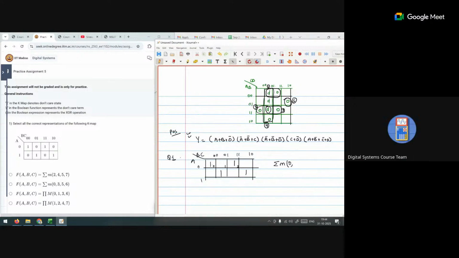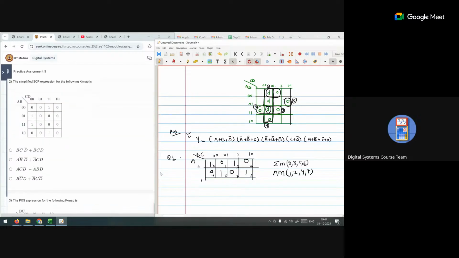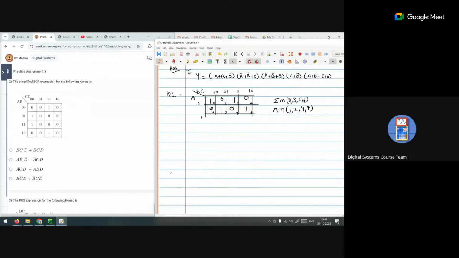Minterms 0, 1, 3, 2, 4, 5, 7, 6. So if you are talking about the sigma m, where 1 will be present, I consider only those terms: 0, 3, 5, and 6. If you are talking about the pi m, here it is 0, so 1, 2, 4, and 7. Okay. Question 2.